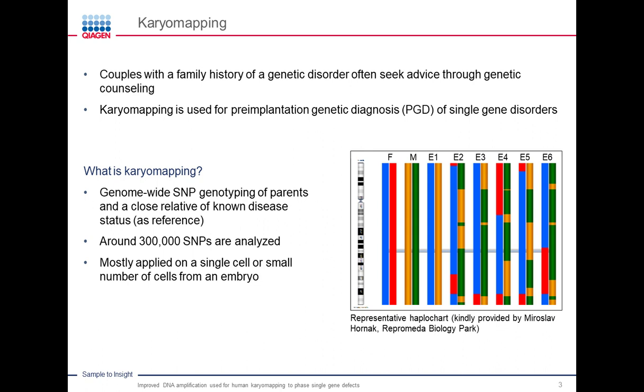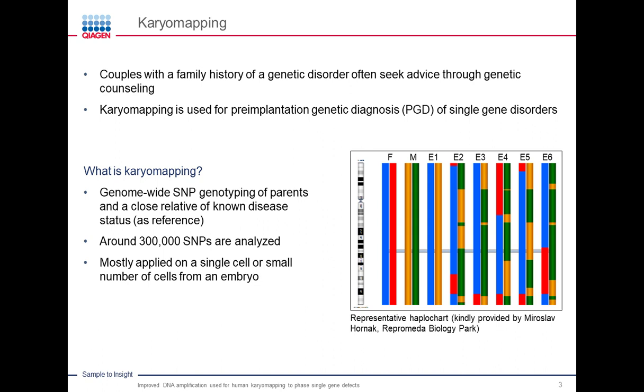Down here in this bottom slide, we have an example of what karyomapping is looking for. With karyomapping, often we look at the SNPs across the mother, father, and a reference sample in order to look at whether or not the pre-implantation embryo is going to have a genetic disorder.